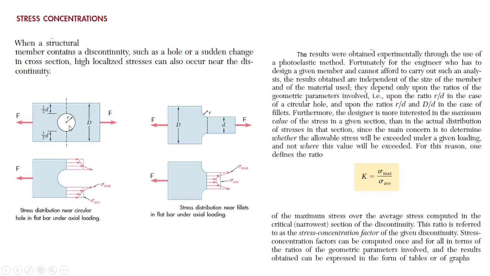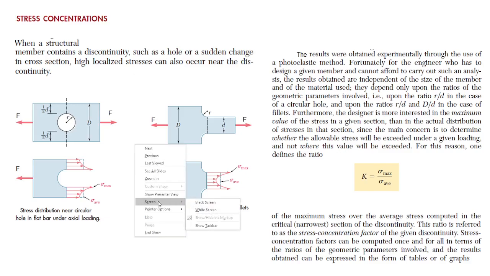But when we determine the stress especially in the vicinity of the discontinuity, we can see that the stress value there is much greater than the average engineering stress. So in short, we say that over there we have a stress concentration.